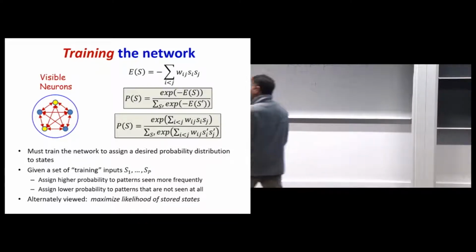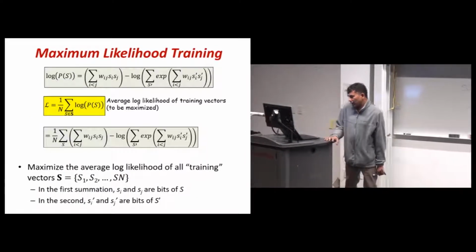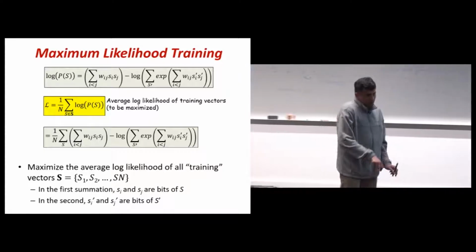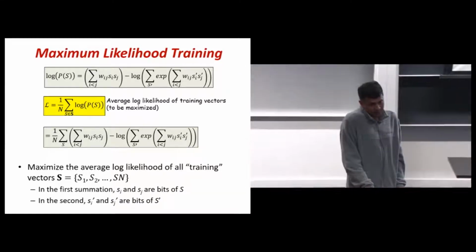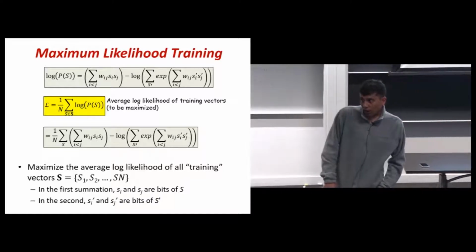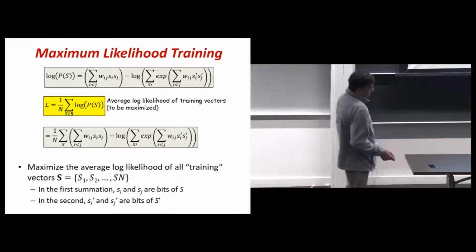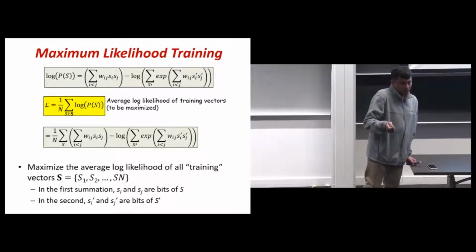So when I compute the log likelihood for any given training pattern, it is going to have two components. The first one is simply going to be the negative of the energy for that pattern. The second one is the log of the summation over an exponential number of patterns of e raised to the negative of the energy for the pattern, right?